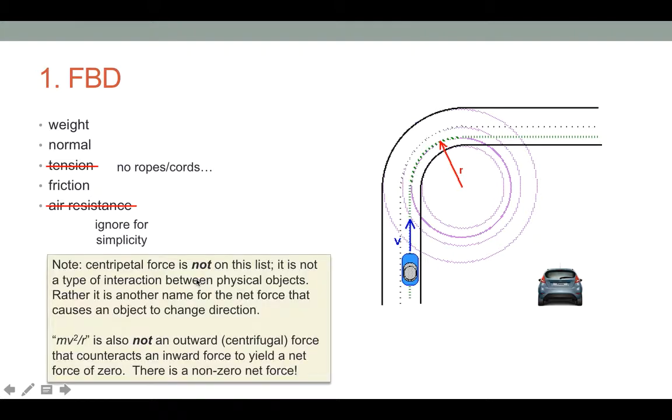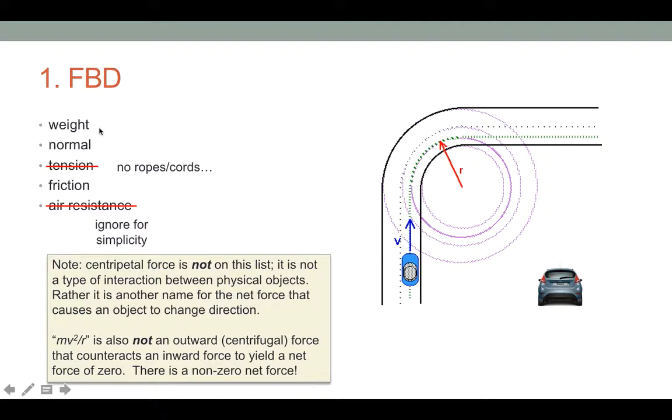Now, notice centripetal force is not listed here. Centripetal force is not a type of interaction between physical objects, and those are the kinds of forces that belong in a free body diagram. A centripetal force is just another name for the net force that causes an object to turn. We don't give a name for a type of force, a propulsive force that makes something speed up or slow down.